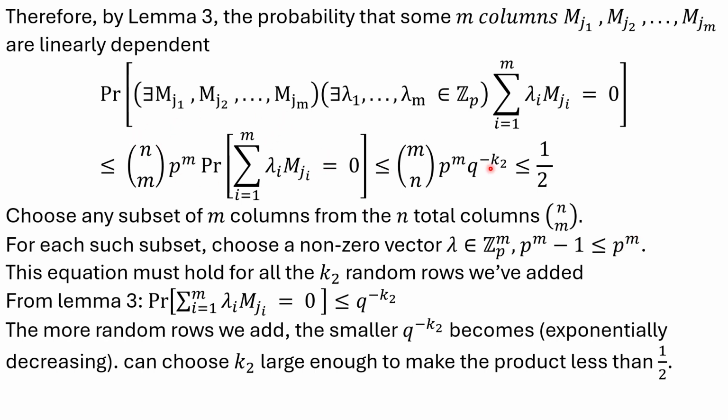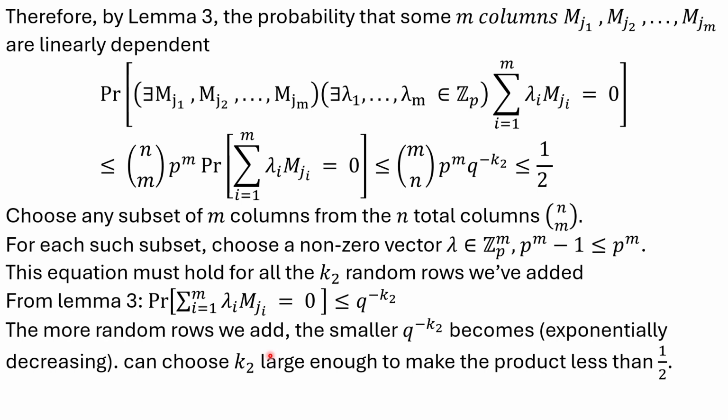Now for the next step, this equation must hold for all the k2 random rows we've added. So by lemma 3, the probability that the sum of lambda i mji is equal to 0 is less than q to the power of minus k2. The more random rows we add, the smaller q to the minus k2 becomes, exponentially decreasing.